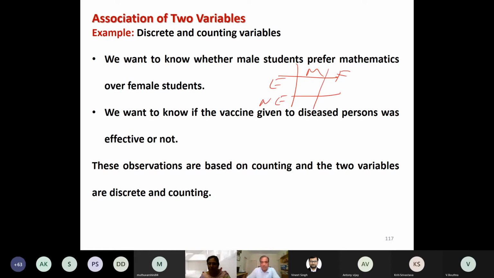We count how many males found the medicine effective, how many females found it non-effective, and so on. So this is a discrete or counting variable. In this case, the measures for the degree of association are going to be entirely different from the measures you use for continuous variables.